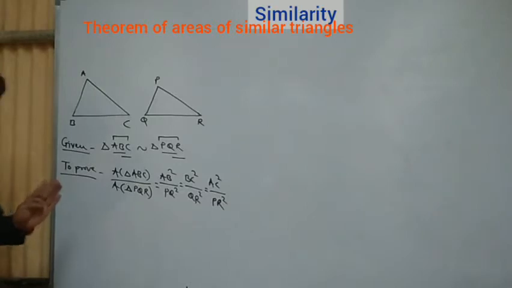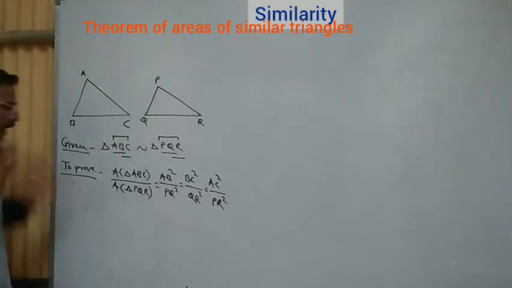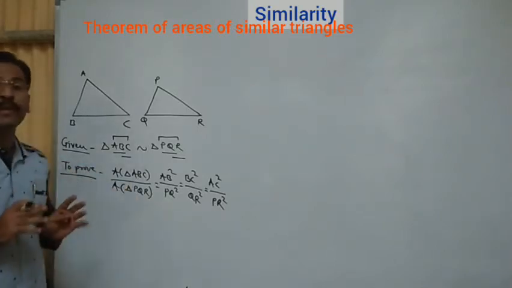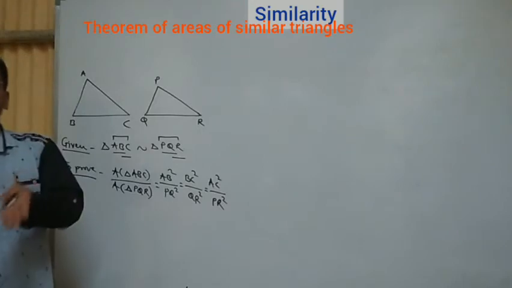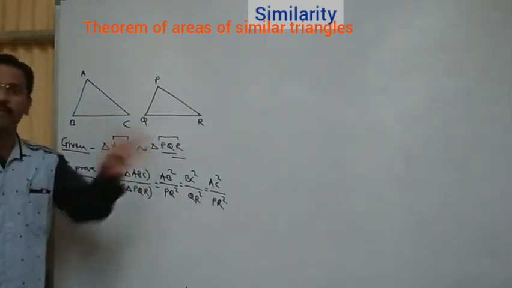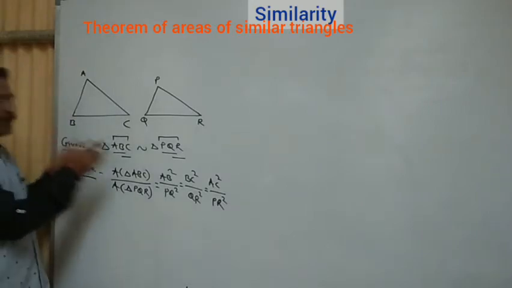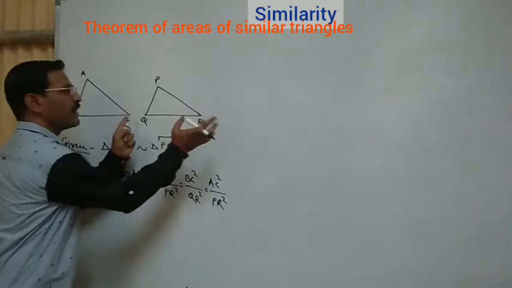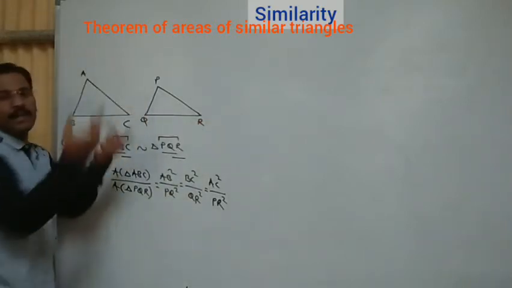Now, we are going to make some construction. We need the areas of the two triangles. In the first four properties, what did we learn? If they have same bases, same heights, or both are same, or both are different. If you observe here, these two are only similar. That means base is different. Similarly, their height is also different.